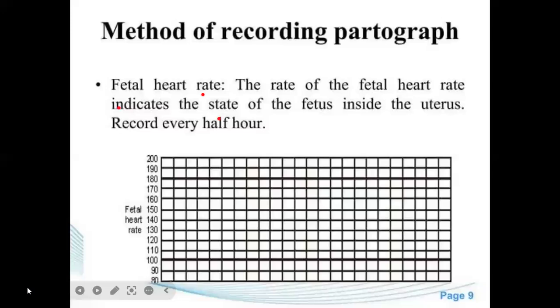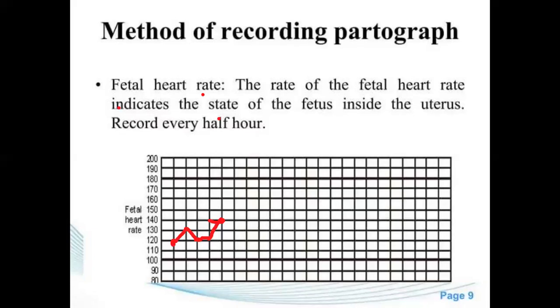One small box represents the half hour. So if a baby is having FHR 120, in the next half an hour the FHR was 130. Similarly, you have to make it like dots, dots, dots like this. Then in the end, you have to join this line. This is how the charting is done.